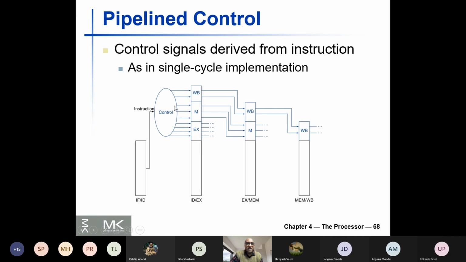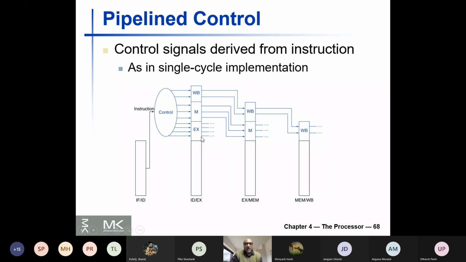So what I'm saying is that all control lines will be generated at stage 2, but they will be passed to the pipeline register, right? And all these signals are available in the pipeline register. ID/EX means the pipeline register in the border between the stages of instruction decoding and execution.